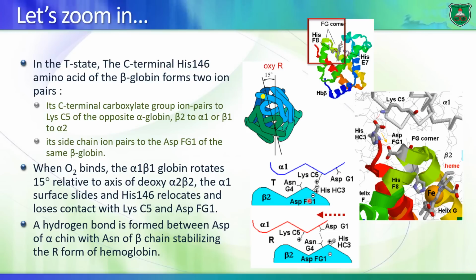So these two interactions are broken, and there's no more interaction between histidine with lysine and aspartate. Rather, a hydrogen bond is now formed between aspartate on the alpha chain and asparagine on the beta chain, and this hydrogen bond actually stabilizes the R structure.